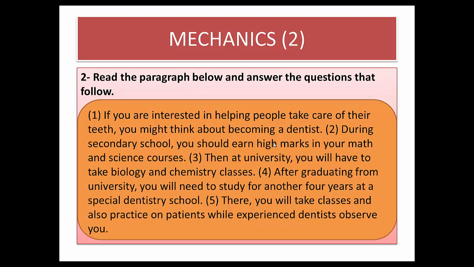Then at university, you will have to take biology and chemistry classes. So the writer here tells us about the subjects that we should study before we join the university, and the subjects we will study during our study in the university.